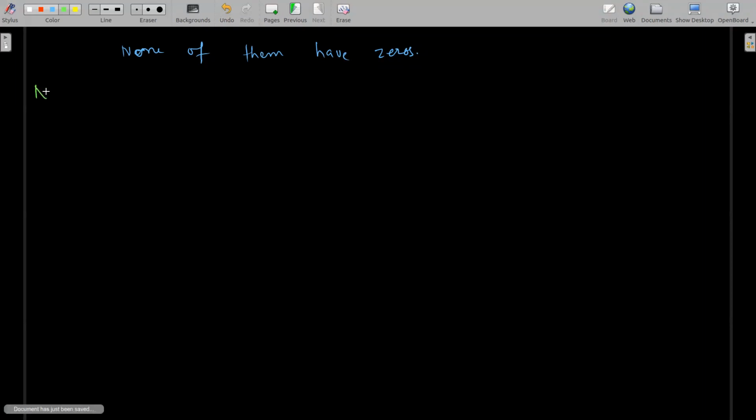Now I am going to write another form of equation, that is called normal form. This is also known as first derivative free form. So this is also known as first derivative free form of differential equation.